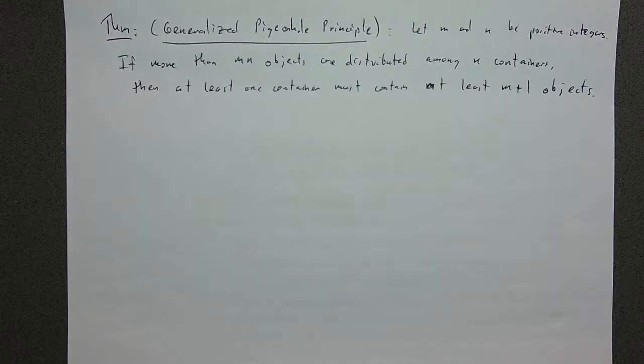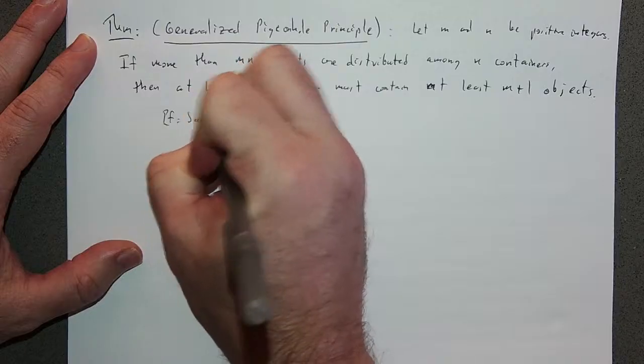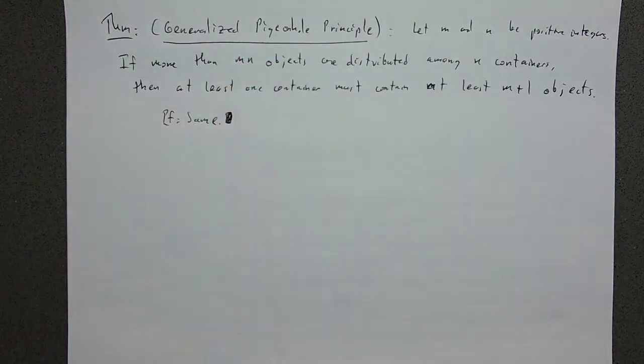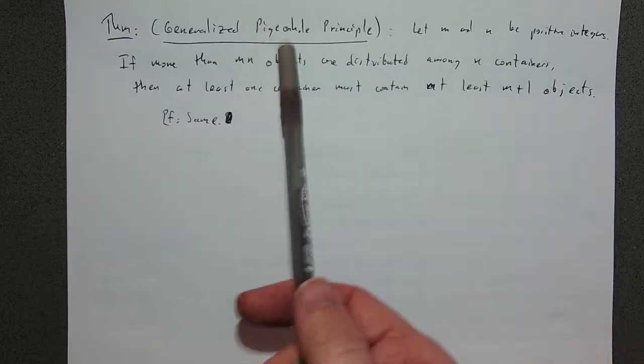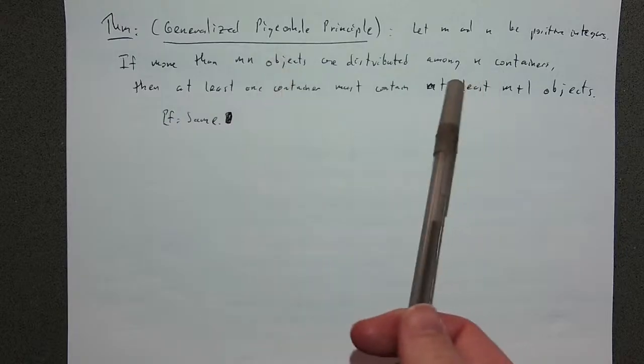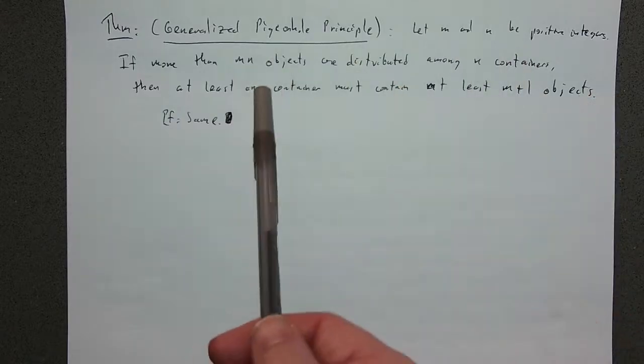Again, the proof is basically the same as I gave for the pigeonhole principle. Imagine that each container contained at most m objects. If each container, there's n containers, contained at most m objects, then the maximum number of total objects would be m in each container, so m times n total objects.